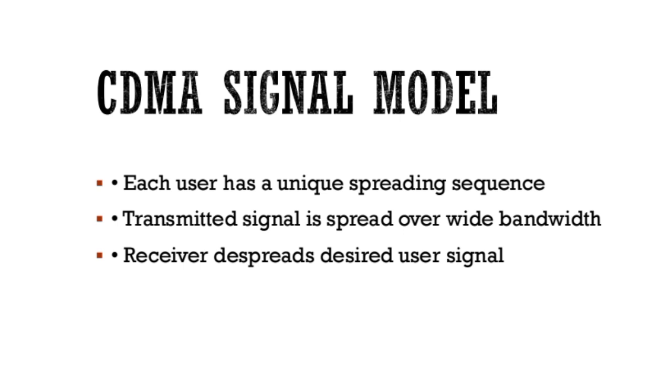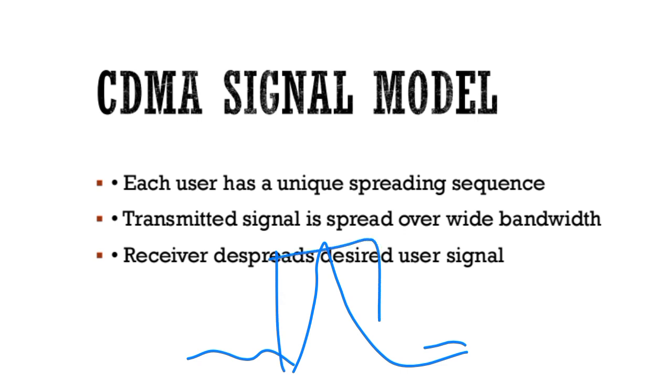What you have to do is first spread the signal. For example, if you have a narrow signal, you have to select this particular transmitted signal and do spreading.